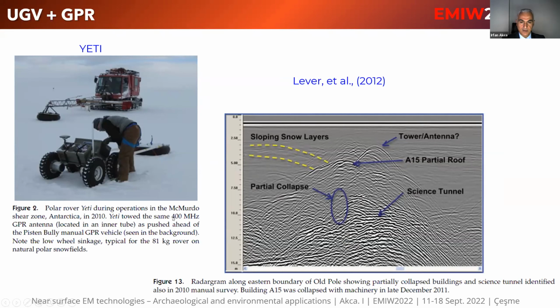And a 400 megahertz antenna system is used to measure this data in Antarctica. So the traces you see here are coming from an old scientific building which is now under snow cover. There are a lot of traces here, and the structure is known, so we can define which anomaly comes from the roof, the science tunnel, or antenna. It's interpreted.